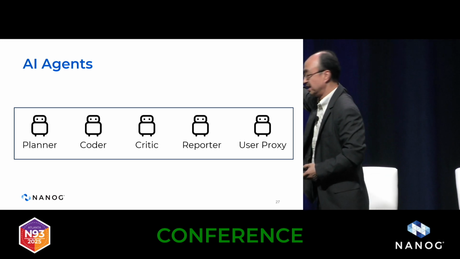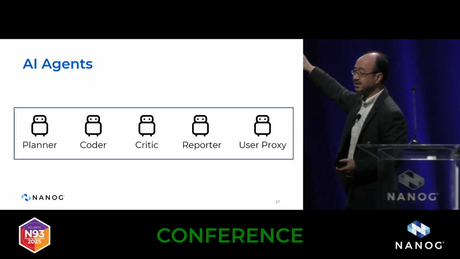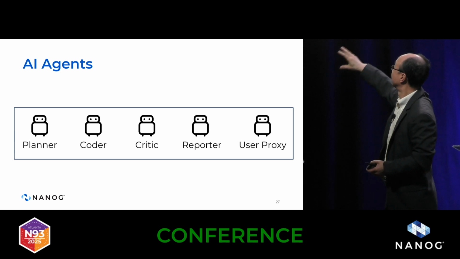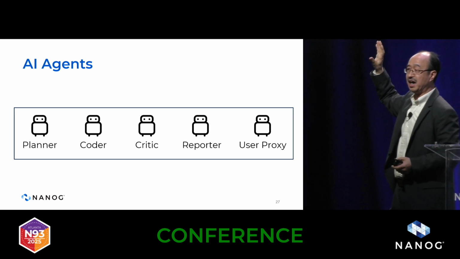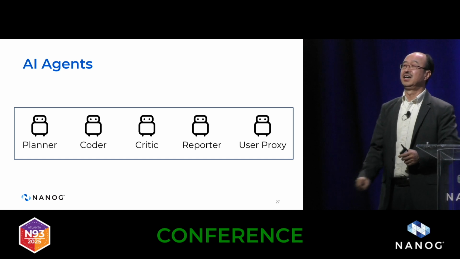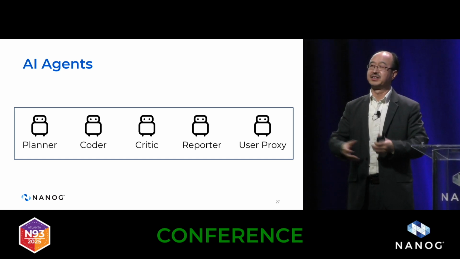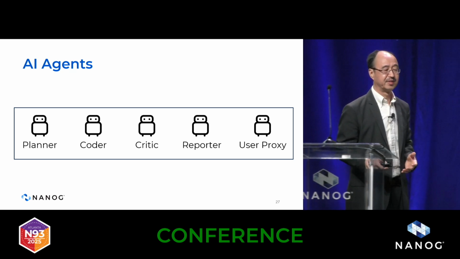Then the critic agent is going to review the code, enhance the code, troubleshoot the code, fix the bugs. The reporter agent is going to write up the report and perform the documentation. Then the user proxy is the agent that we users interact with directly. Let's see how it is done.